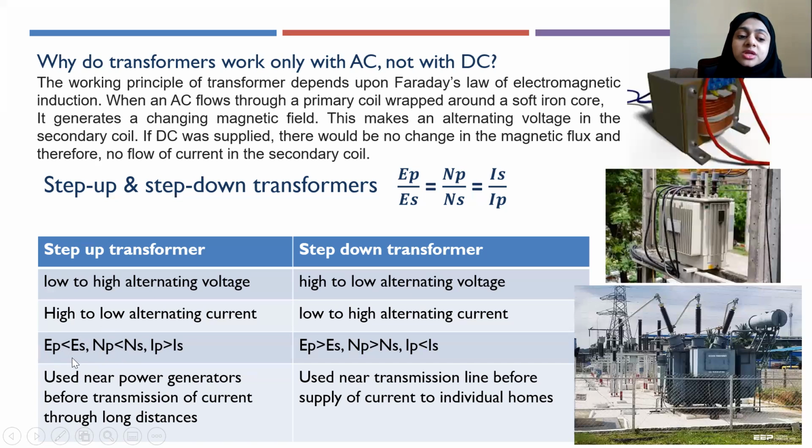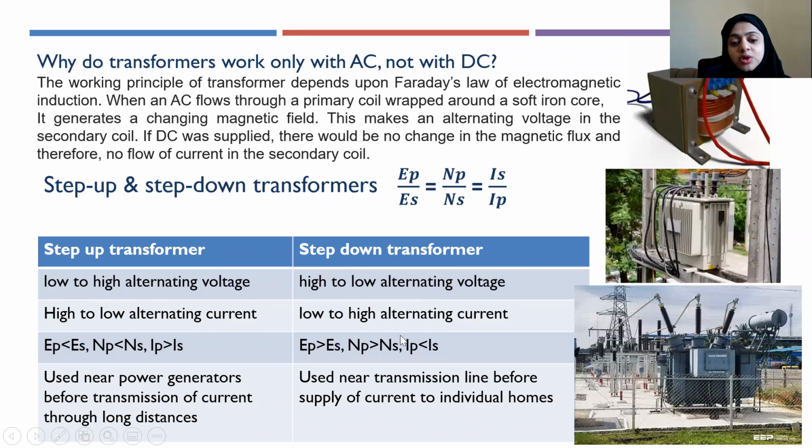More voltage in the primary means more number of turns in the primary, and so less voltage in the primary means less number of turns in the primary, and high voltage in the secondary means a large number of turns in the secondary. So NP is less than NS, and the reverse for current. So IP, current in the primary, will be more than the current in the secondary, high current to low current.